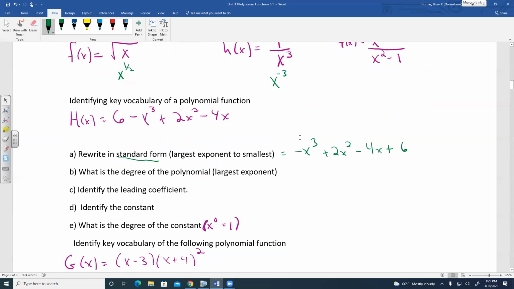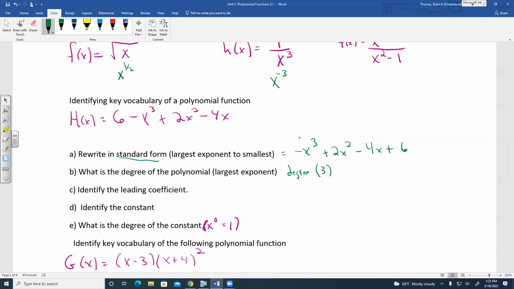The degree of the polynomial is the largest exponent. So the degree of this polynomial comes from the leading term, which would actually be the 3. So this 3 would be considered the degree of the polynomial.